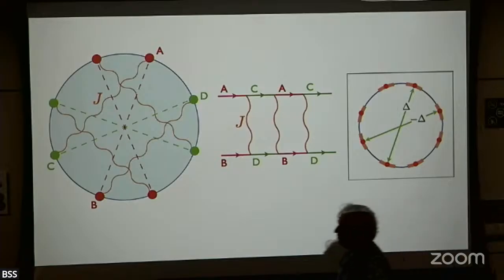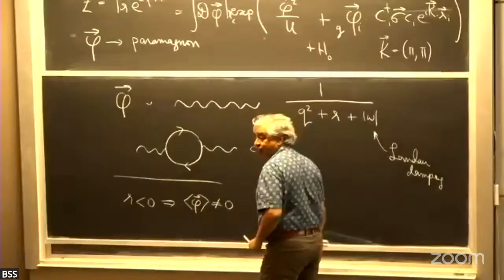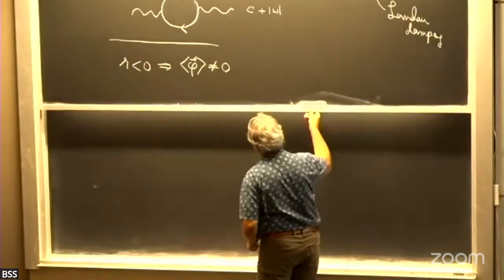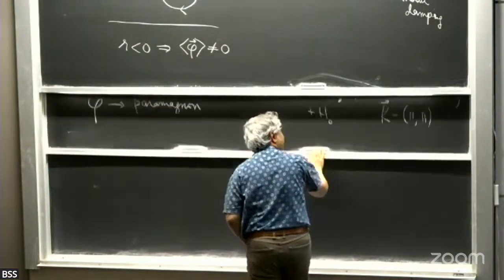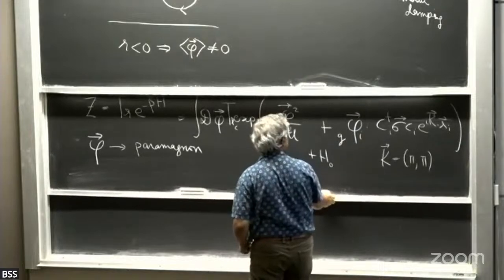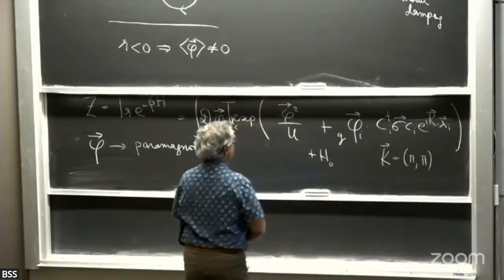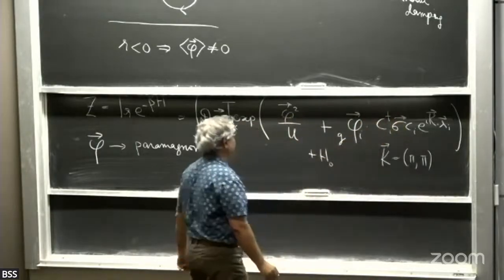Okay, I skipped a step. It's 1 over U to begin with, correct. But we imagine that, well, let's see, let's leave this here. Maybe I can write it over here. So we imagine integrating out the fermions a little bit.